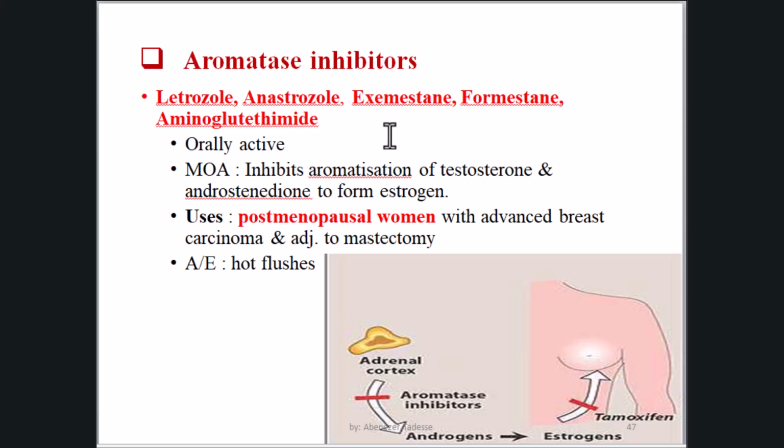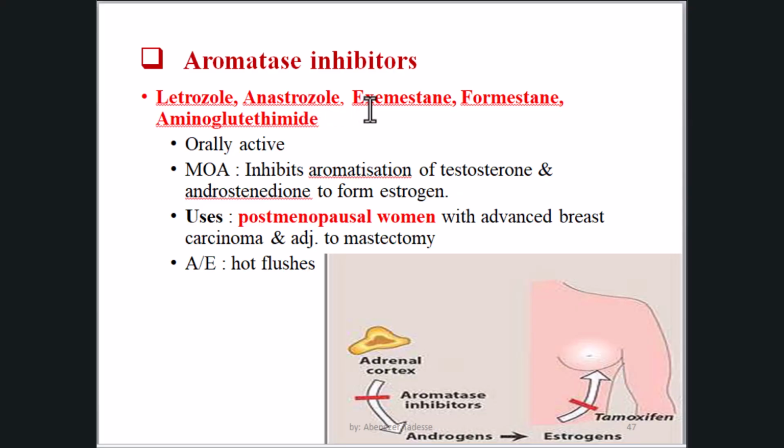Aromatase inhibitors. To avoid this side effect associated with tamoxifen, the endometrial cancer, the aromatase inhibitors are the drug of choice, for example letrozole, anastrozole, and other drugs.